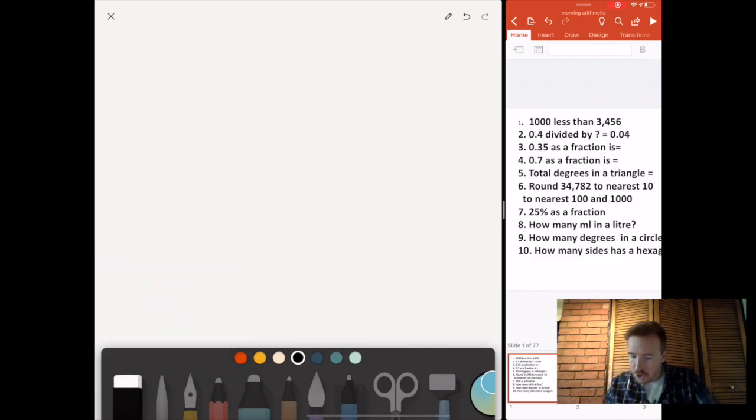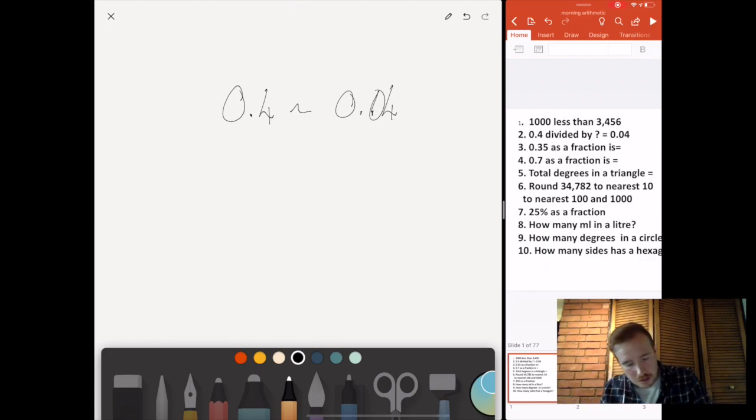Question two is 0.4 divided by something is 0.04. If we write that out, you've got 0.4 and it's going to become 0.04. As you can see, you've gone from the tenths column to the hundredths column, so everything has moved one place value column to the right.